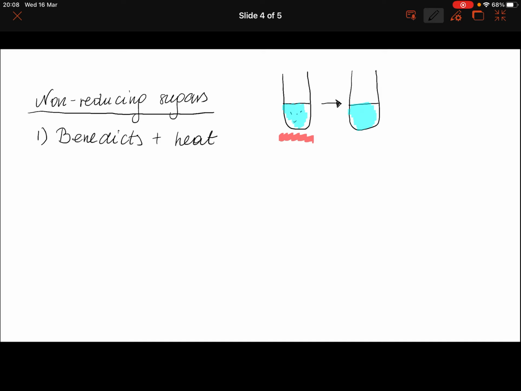So what we need to do next is heat our sample again, but now with hydrochloric acid. So to our sample we are now going to add hydrochloric acid.